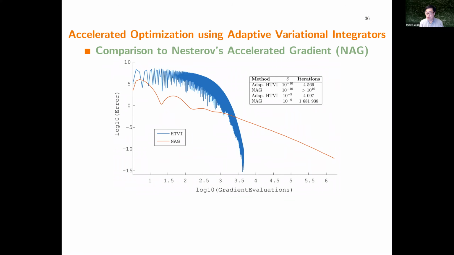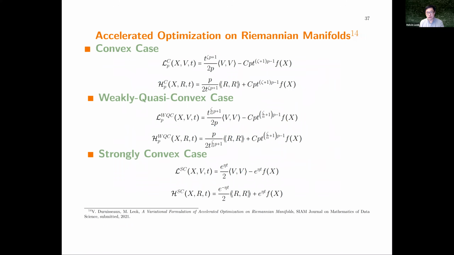If you have stronger assumptions on the cost function, you can achieve faster rates of convergence. This is also the reason why, in the Riemannian manifold case, we broke it up into these 3 cases, because you can construct methods which behave much better if the function has greater convexity properties and you take that into account in constructing the method.